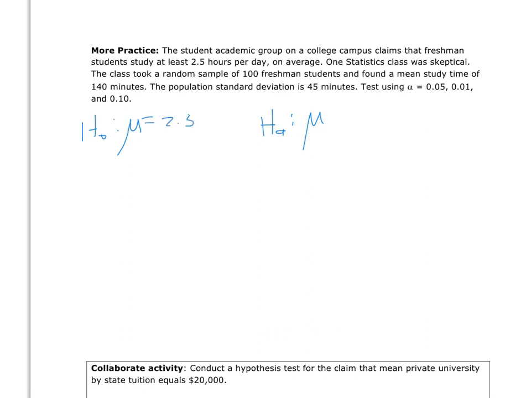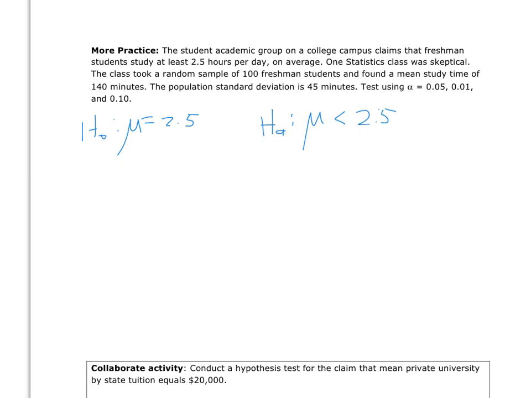Now let's figure out what symbol we put in the alternate. Okay, well, the first statement that's made is at least 2.5 hours a day. But the people that are testing it is the statistics class that are skeptical. So they're actually wanting to support the opposite claim, that it's less than 2.5. So that would be the null and alternate hypotheses.